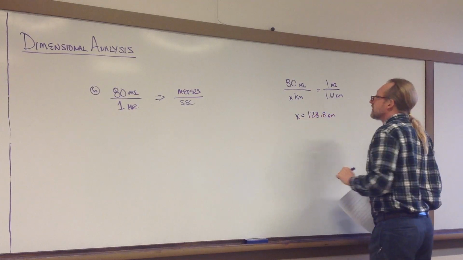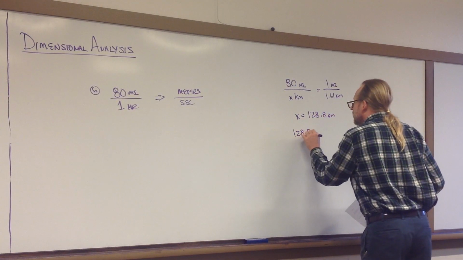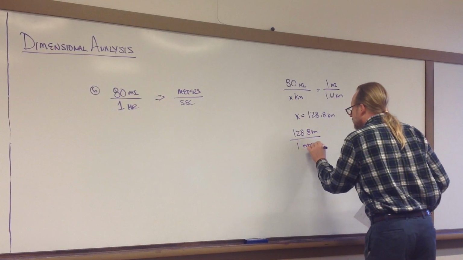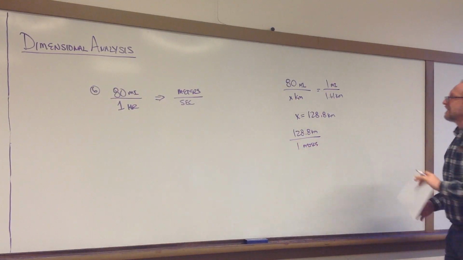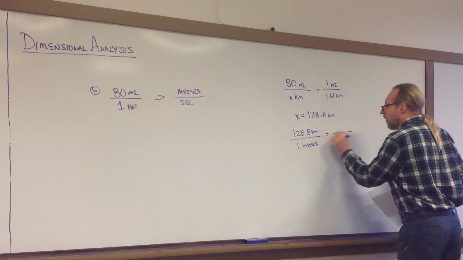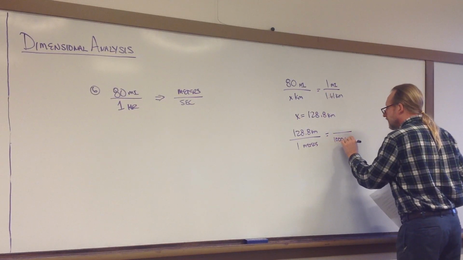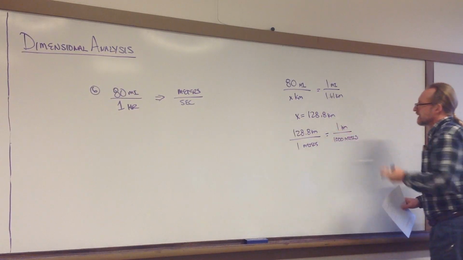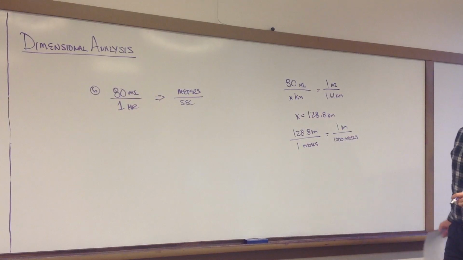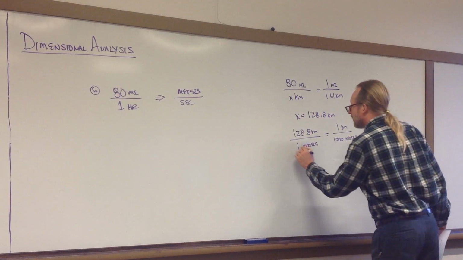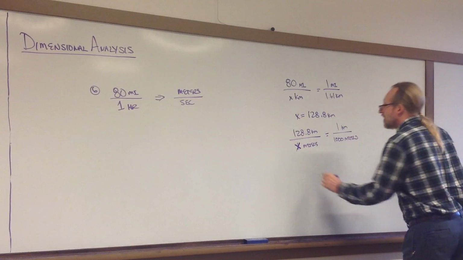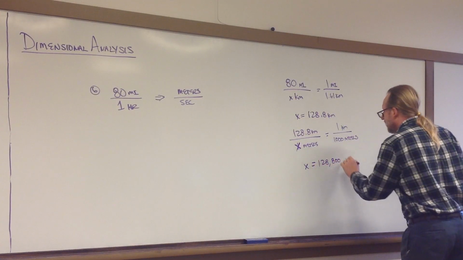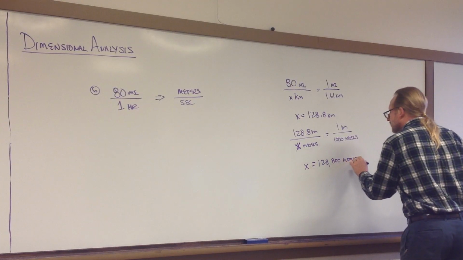128.8 kilometers. And then you can make a short conversion here if you're comfortable with the metric system. It's just a process of moving the decimal point 3 places. Or we can make a proportion and say 1 kilometer is 1,000 meters, and so 128.8 kilometers is going to be, oops, that's going to be an X. And so this will be 128,800 meters.